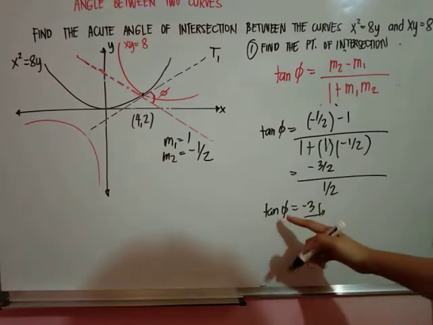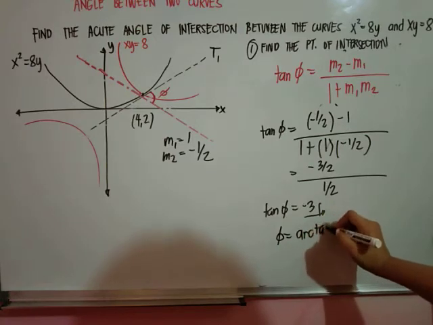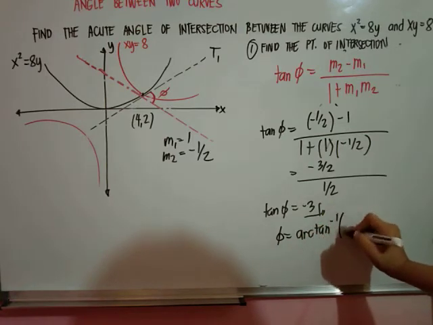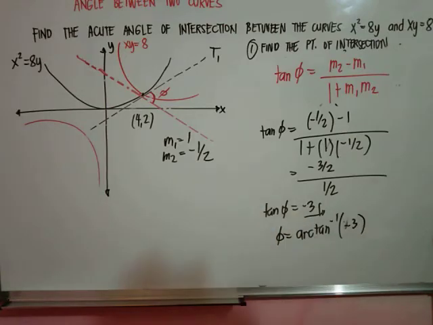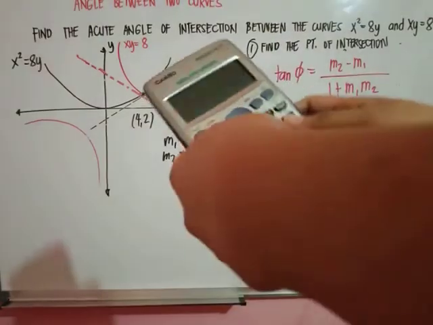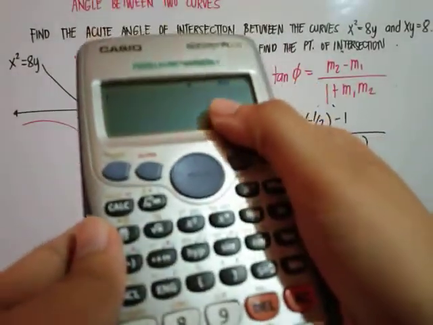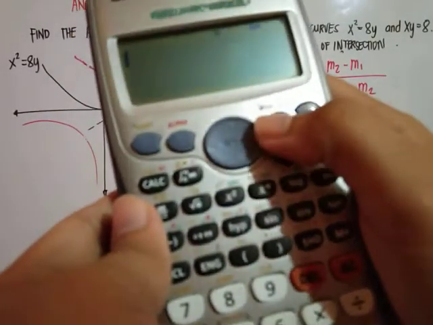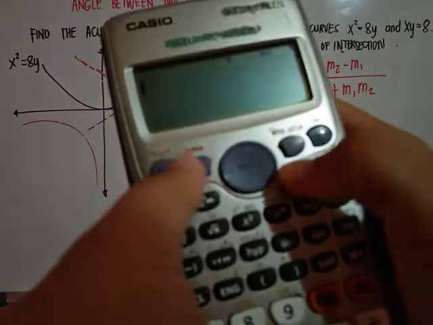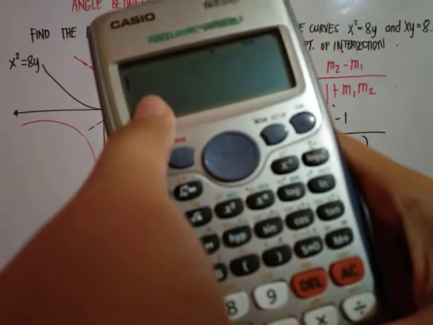So, para makuha mo yung angle, we have arctangent of negative 3. So, pag in-input nyo siya sa calculator, siguraduhin yung mode ninyo is naka-degree. Ito, sa pag-mode, shift, mode, degree, number 3.